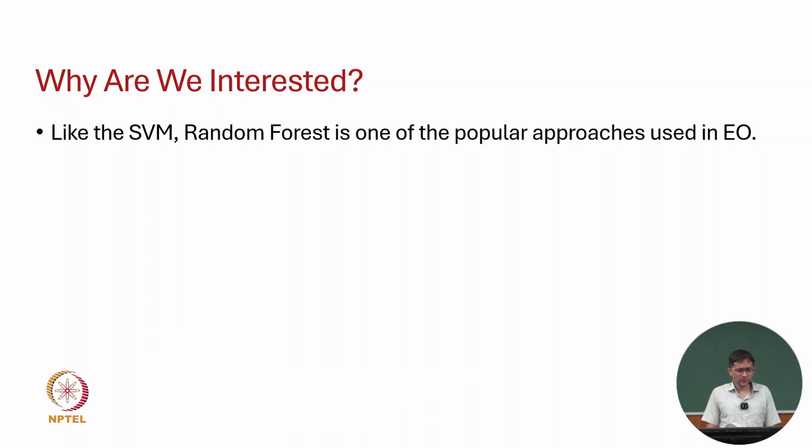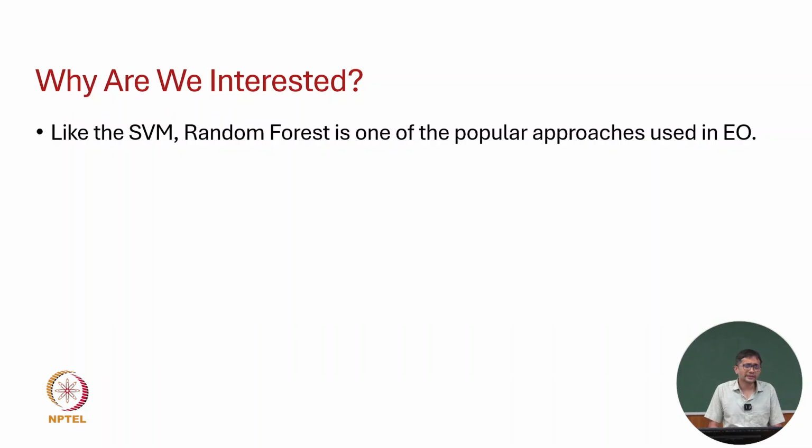So one obvious question you would probably be asking is why are we even interested in talking about decision tree or random forest? Before talking about SVM, we convinced ourselves that SVM was a very popular approach used in the pre-deep learning era.